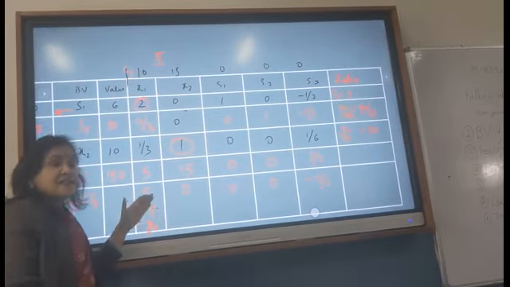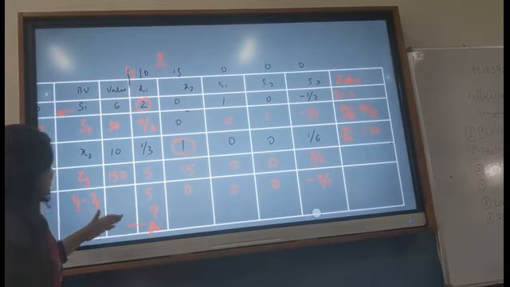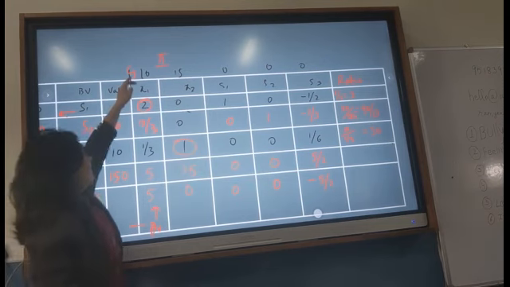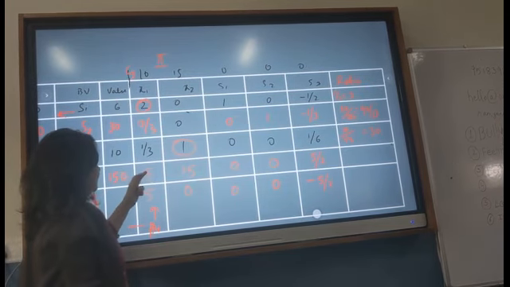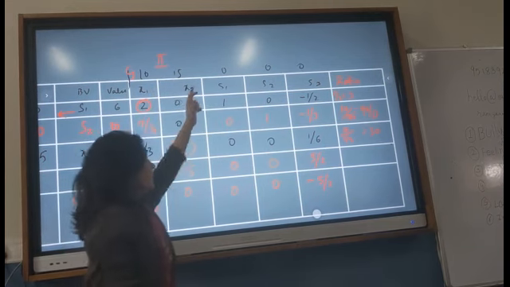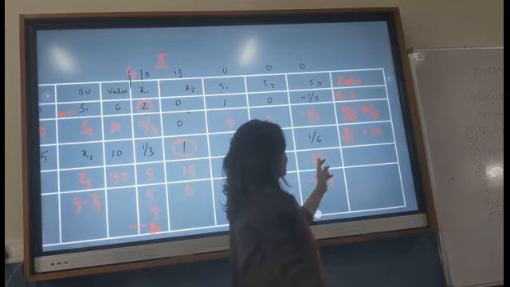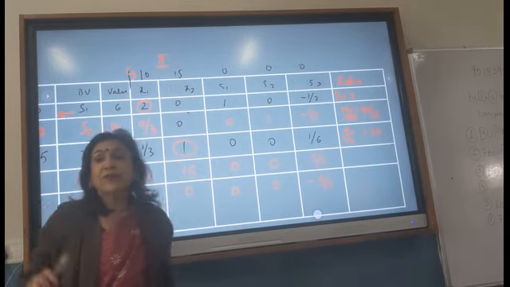Once I have done this, I look at Cj minus Zj. Cj minus Zj is, this is my Cj, 10 minus 5 is 5. 15 minus 0 is 0. 0 minus 0 is 0. And 0 minus 5 by 2 is minus 5 by 2.